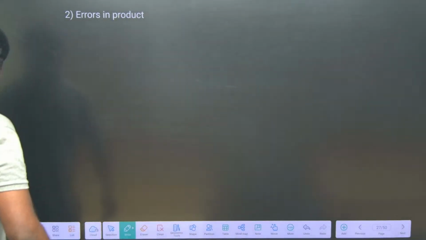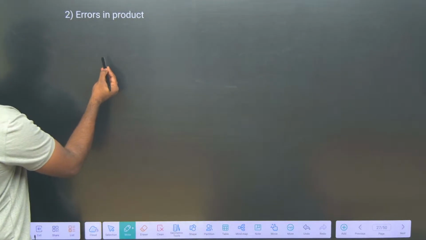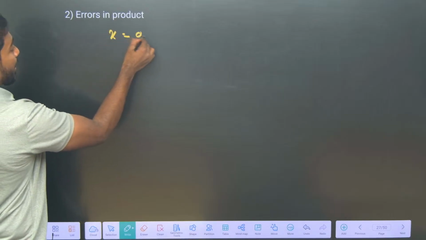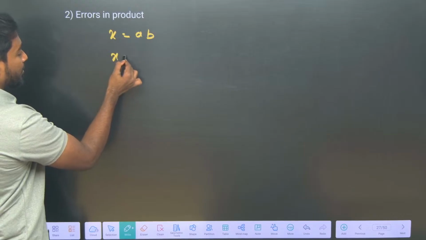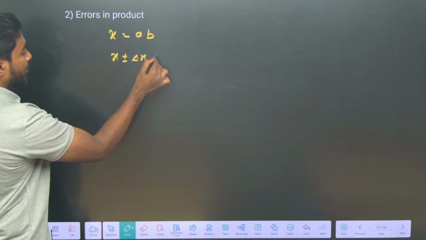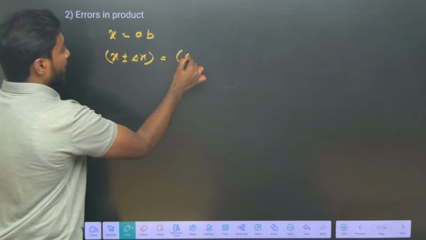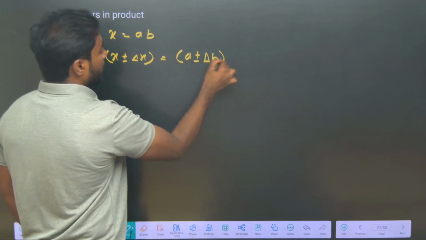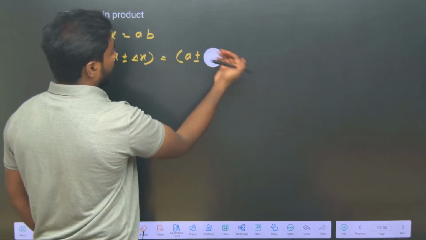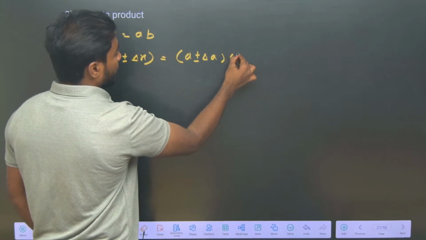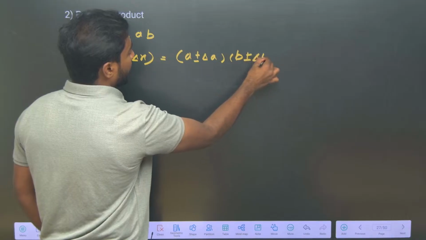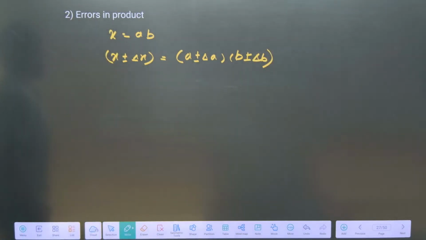Okay. So first x will be equal to a into b, right? So x plus or minus delta x will be equal to a plus or minus delta a into b plus or minus delta b, and I am multiplying both of them.